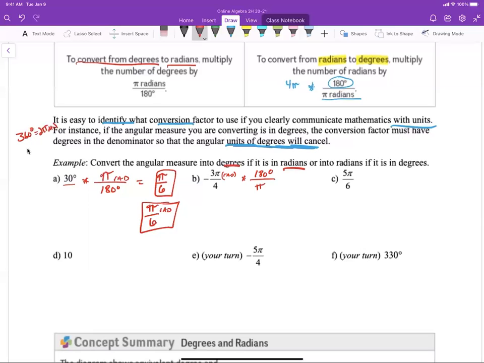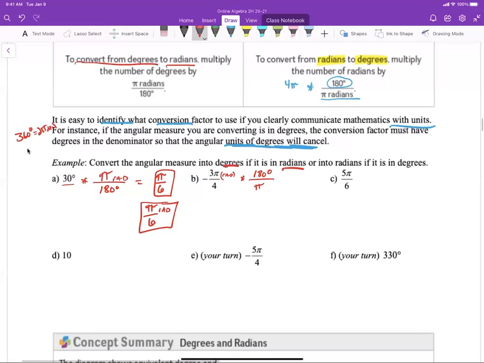And so now my radians cancel. I have 180. Let's see, we can cancel our pi. Essentially that will simplify into a negative 135 degrees. There's your answer.